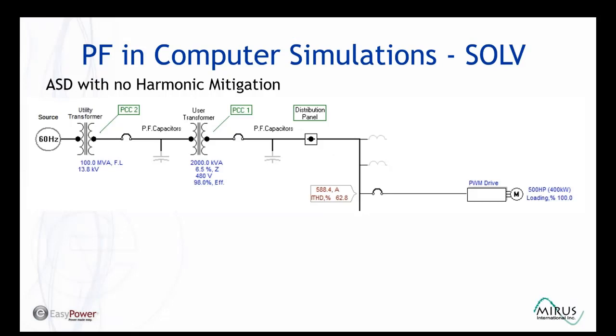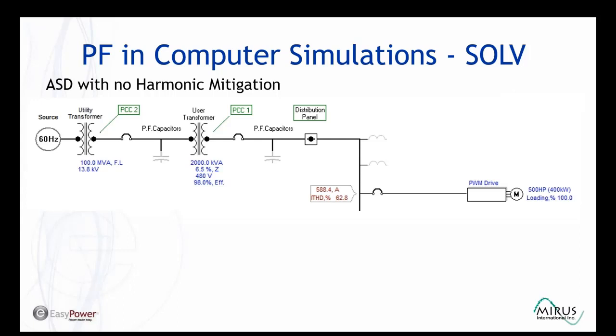So now let's look at how harmonics and power factor can be calculated using computer simulation. This first slide shows simulations done using MIRUS's proprietary software. This software can be used to simulate variable speed drive applications to show how these devices affect current and voltage distortion. The software is free and can be downloaded from our website.